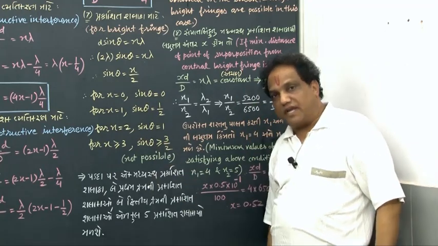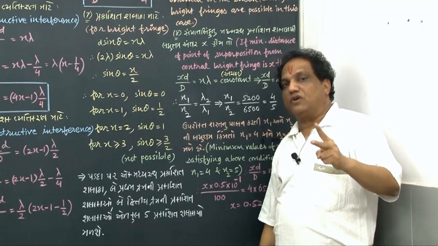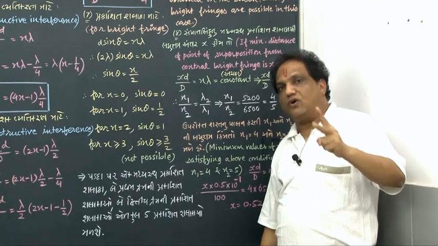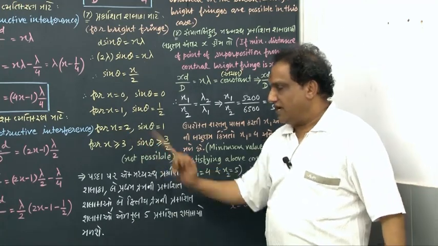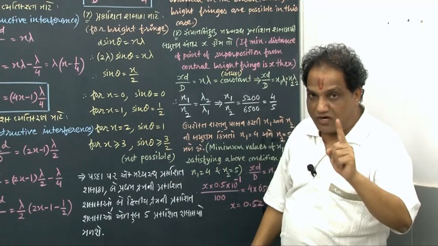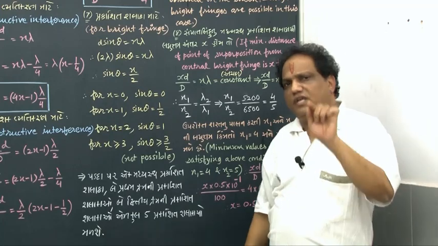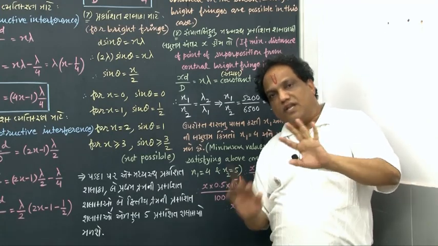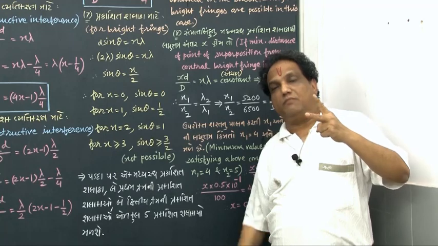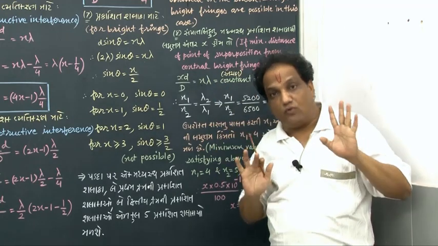Similarly, n equal to 2 indicates 2 second order bright fringes, 1 on the upper side, 1 on the lower side, correct? Only the central bright fringe is 1. The rest of the bright fringes are 2 in number, 1 on the upper side, 1 on the lower side.